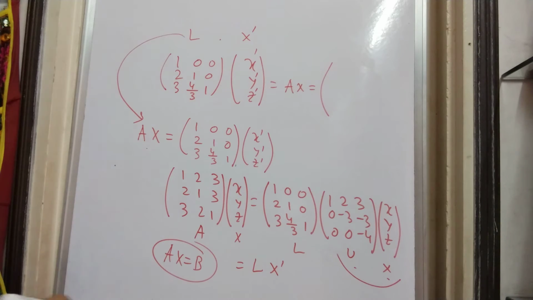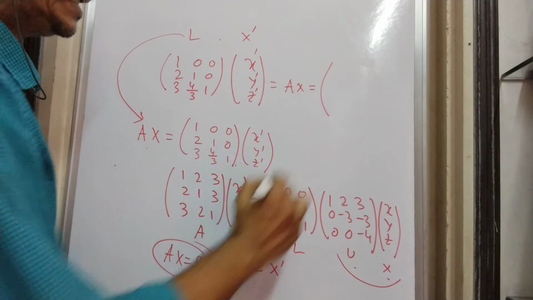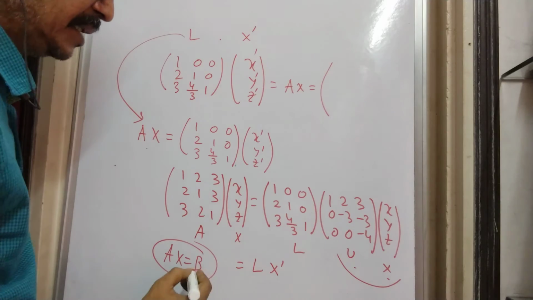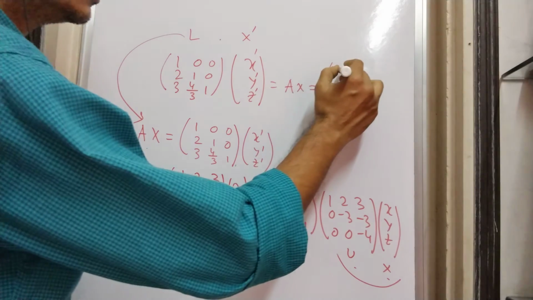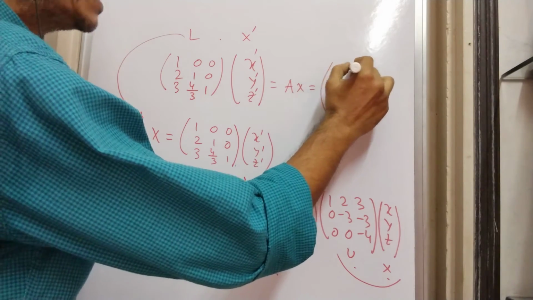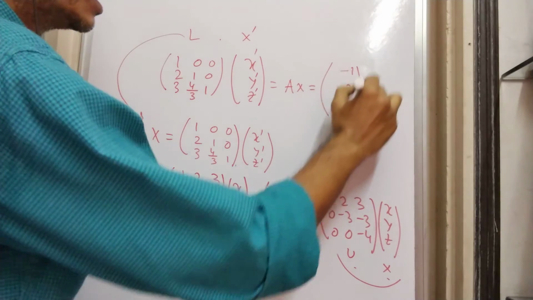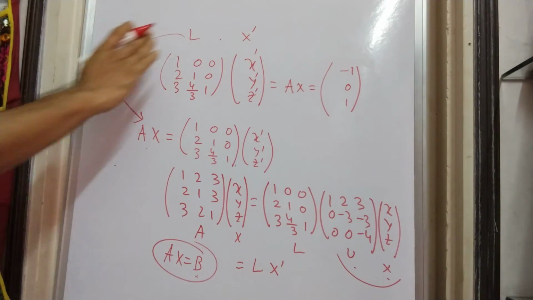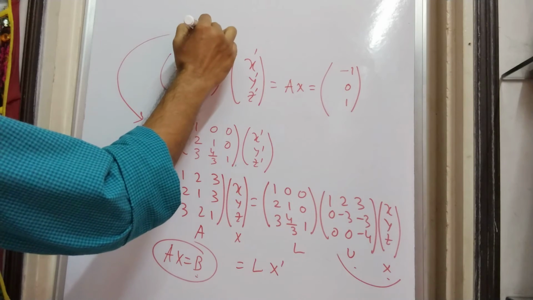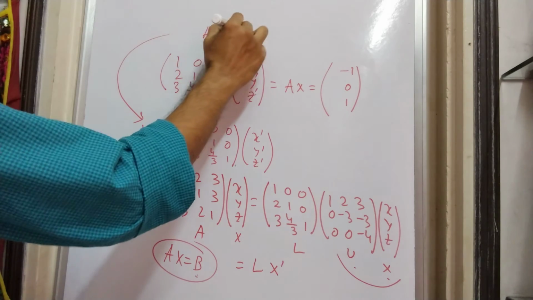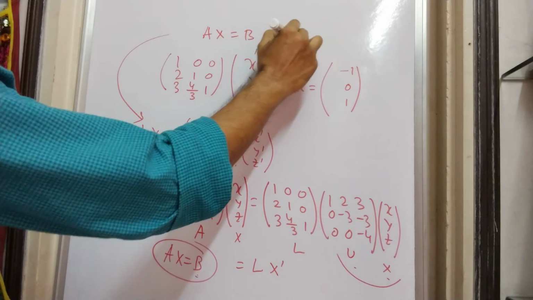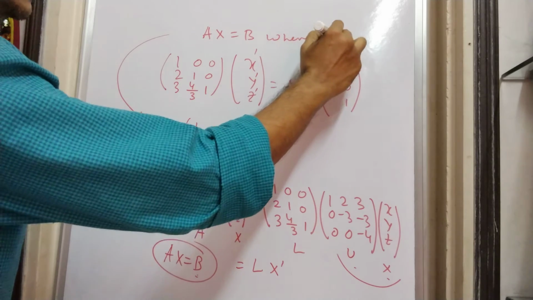So if the b is known, let us take this b vector to be minus 1, 0 and 1. So our original equation is nothing but Ax equal to b, where b is this.